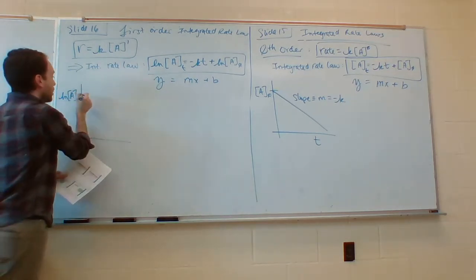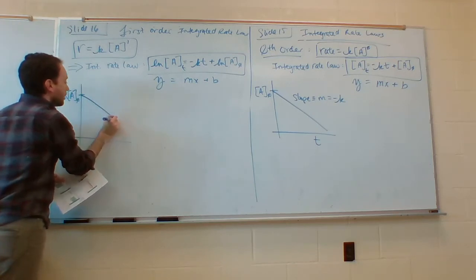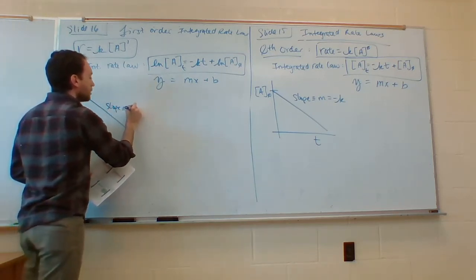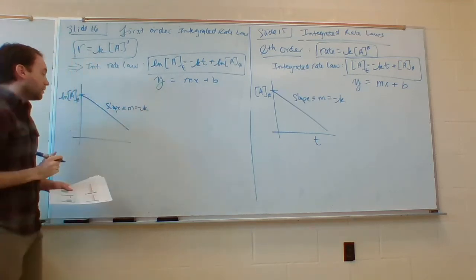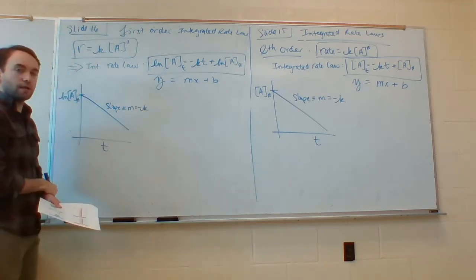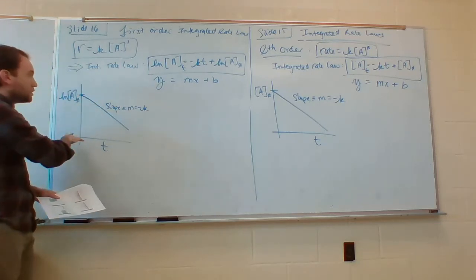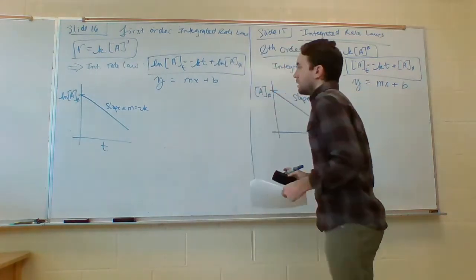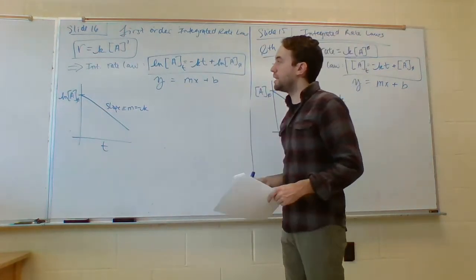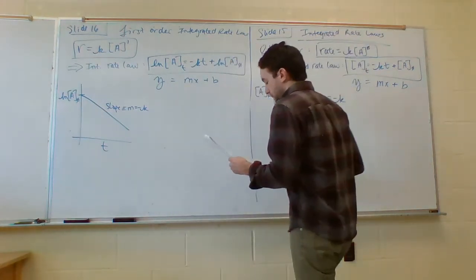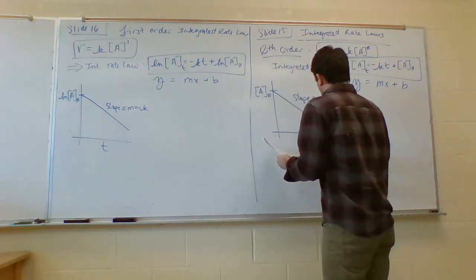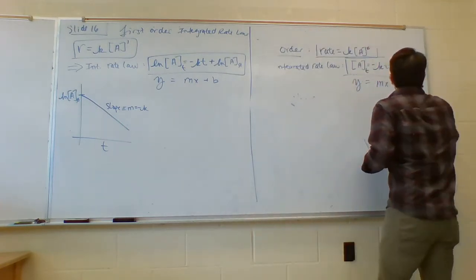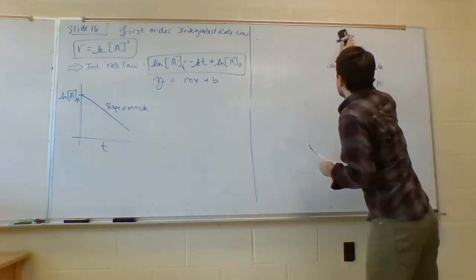And then our slope is also negative k as we go across time. So our concentration decreases over time, where the ln is our y-intercept. So that covers our first order and our zero order.